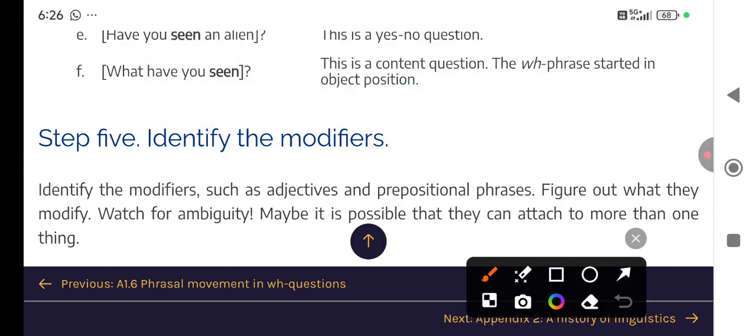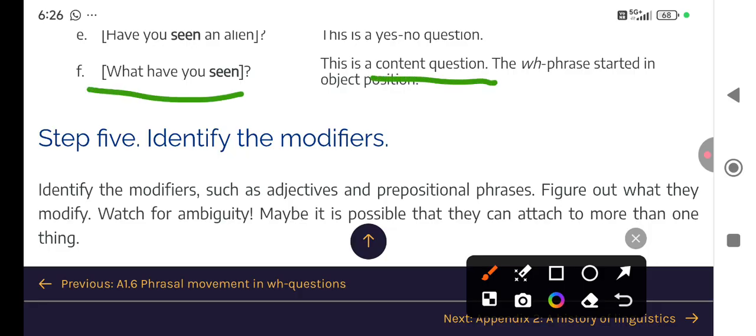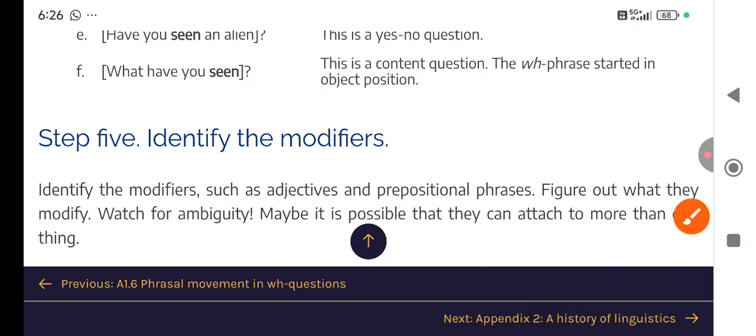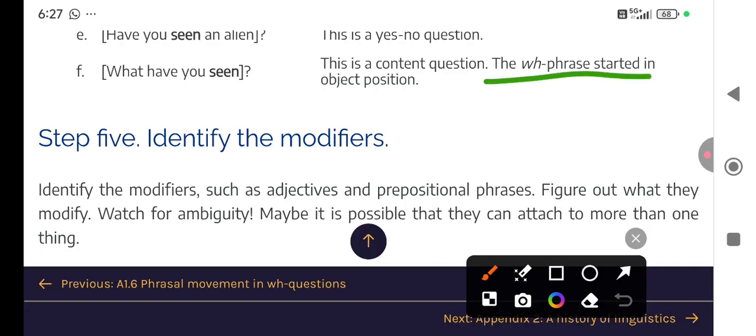This is a content question, because you can't say yes or no, you have to describe. So the WH phrase started in object position, because here you'll get the object. What have you seen? I have seen aliens, right? So that is a WH question or content question.